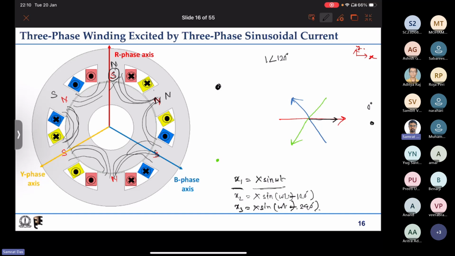Then the other two are basically minus half, so it is half here, again minus half here. Now if you take the net of all of them, you will find the net vector to be horizontal, that is theta equal to 0.